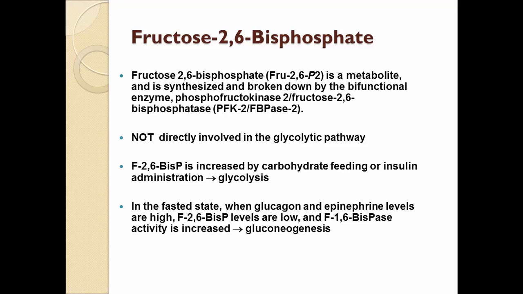So insulin can regulate bifunctional enzyme and can increase the production of fructose 2,6-bisphosphate, and then this substrate can promote glycolysis by regulating, remember, the second pair of the key enzymes in the pathway. And in the fasted condition, when glucagon and epinephrine levels are increased, the fructose 2,6-bisphosphate levels actually are decreased, are lower, right?